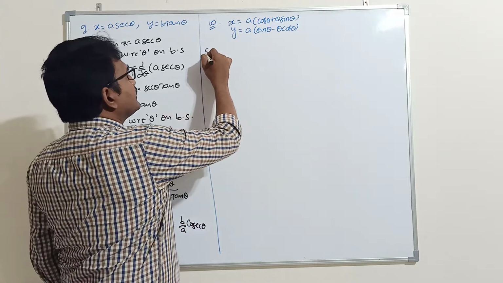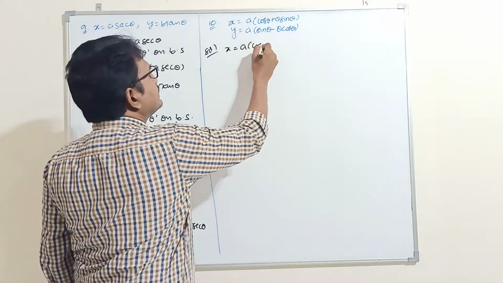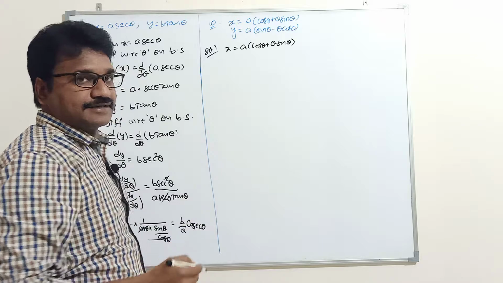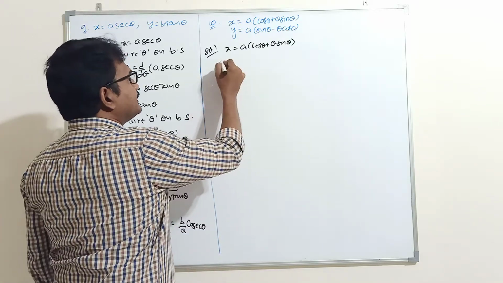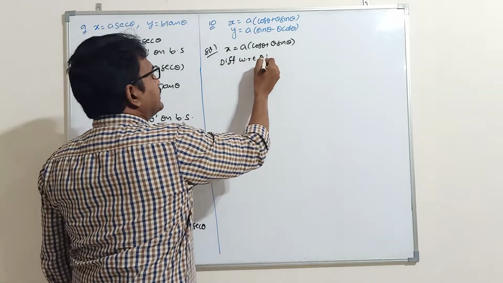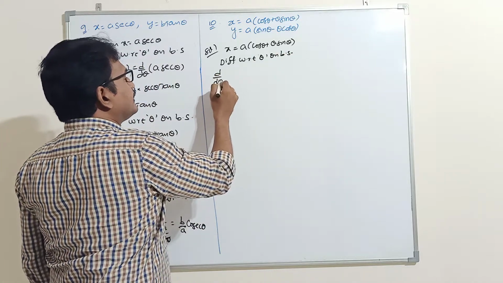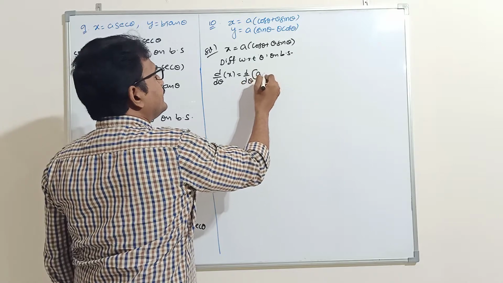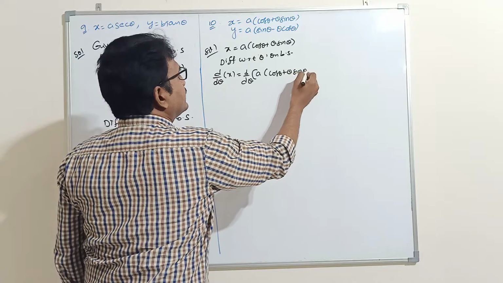Next, x is equal to a into cos theta plus theta sin theta. This is given. Equation x is given in the form of parameter theta. That's why differentiating with respect to theta on both sides, d by d theta of x is equal to d by d theta of a into cos theta plus theta sin theta.